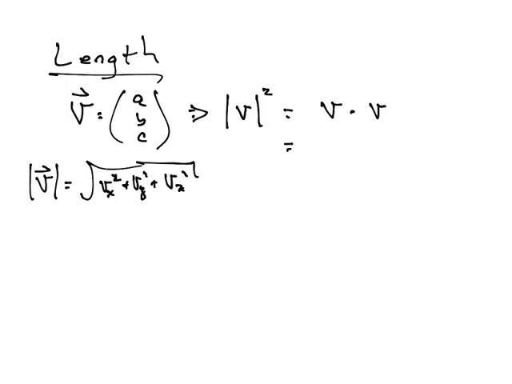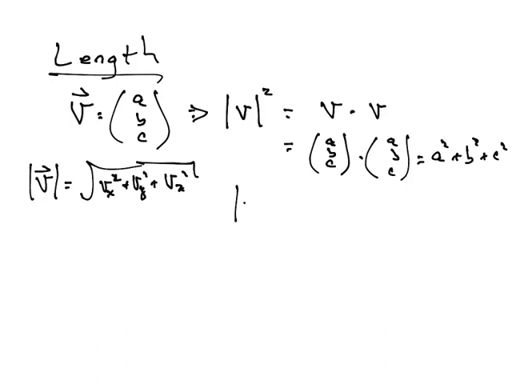So the dot product of a vector with itself is called the length squared of the vector. So it would be ABC dotted with ABC, which is a squared plus b squared plus c squared.